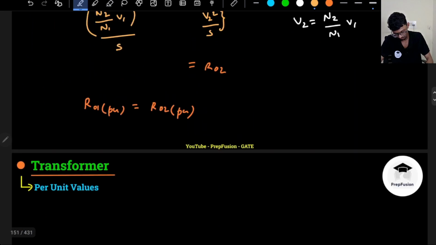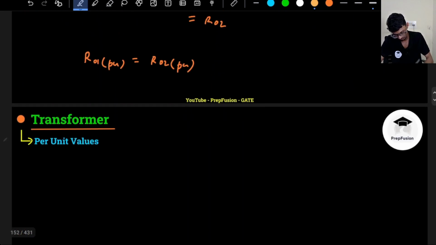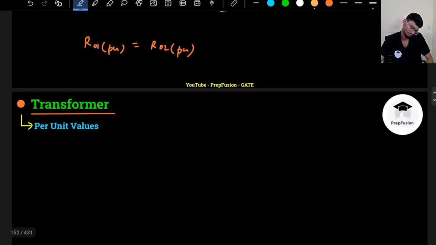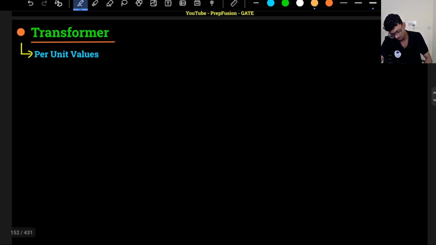So I can say, what about the voltage drop in the resistor? So what is the voltage drop? So the drop in primary, it is equals to what? Its actual value is I1 into R1. Correct. The actual drop in the primary is I1 into R1.